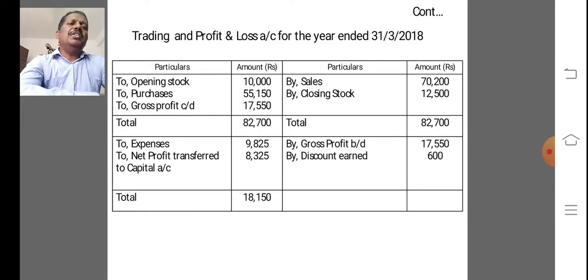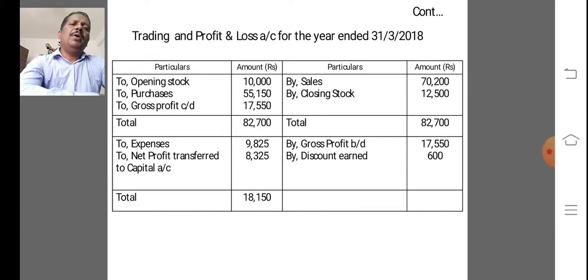By crediting discount earned 800 and debit side, debit the expenses of rupees 9,825. For what purpose do we prepare profit and loss account? To find out the net profit.